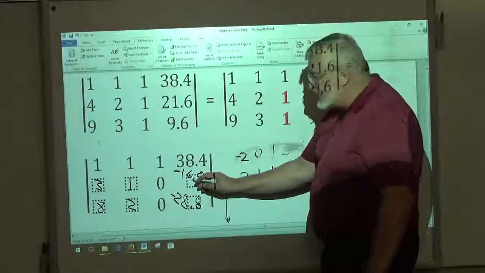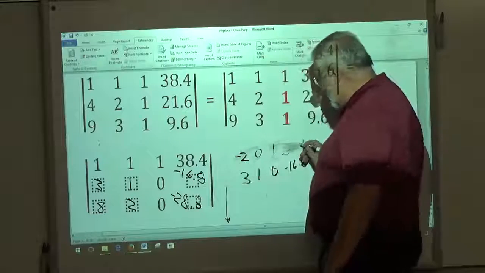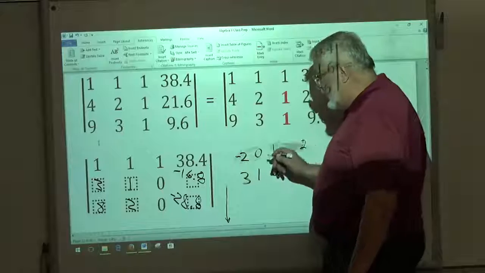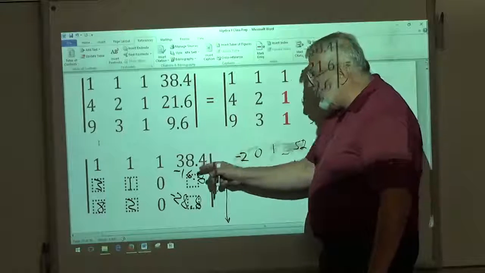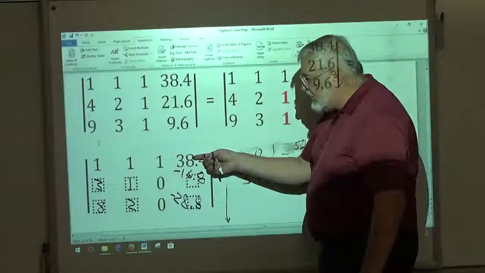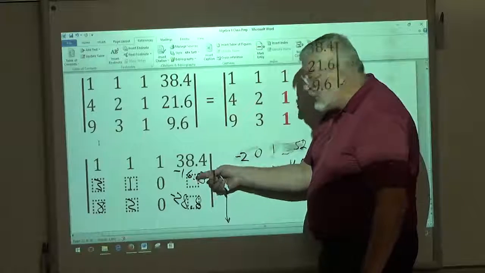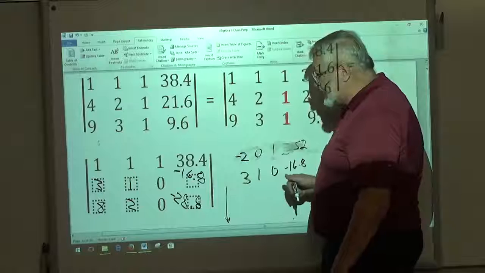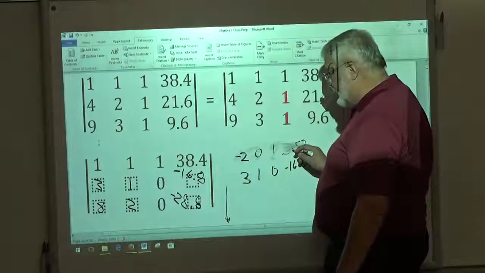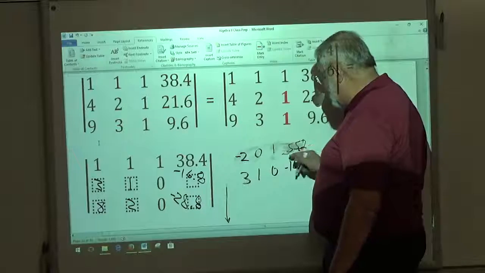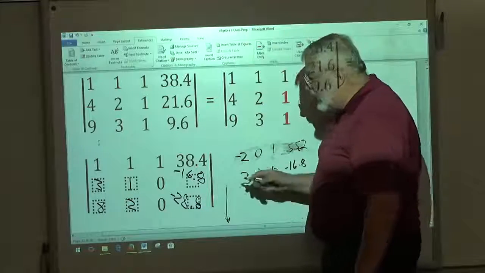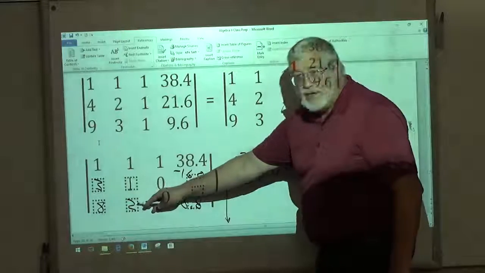This, subtract this, that means you're going to add. It's going to be this number, subtract this number, so 38.4 plus 16.8. That equals 55.2. All right, now, how do I get rid of this 2?